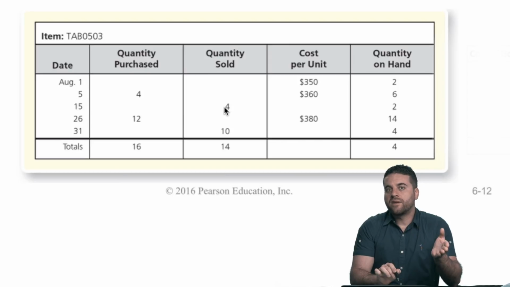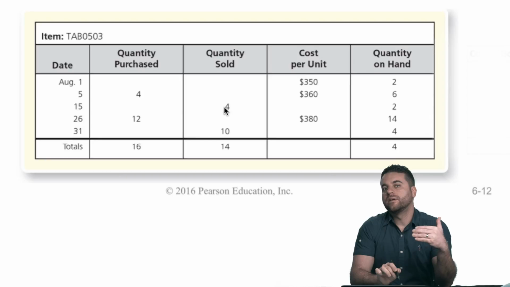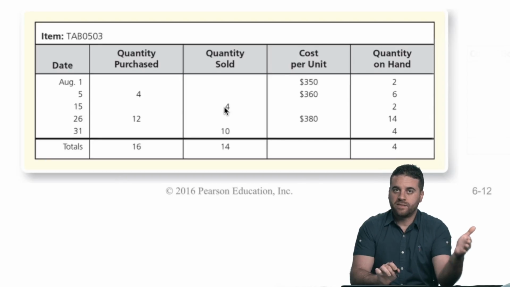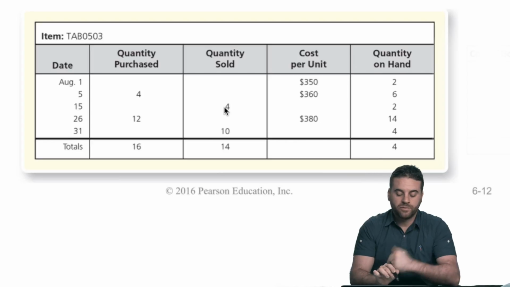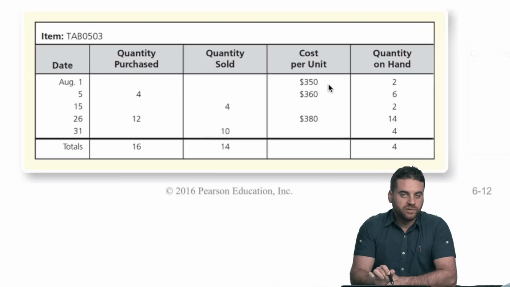So if I'm going to use FIFO, first in, first out, that means I have to go in order. I will start using the cost of the older shipments first, and so on. We go in order. So let's look at what is the cost of the first inventory, the older inventory that we have. Look at August 1st. We had 2 units. Each one was $350. Okay? And then, again, we sold 4 units on August 15th.